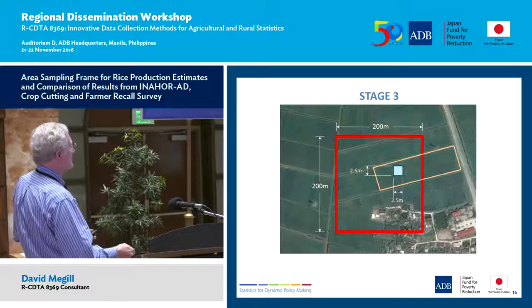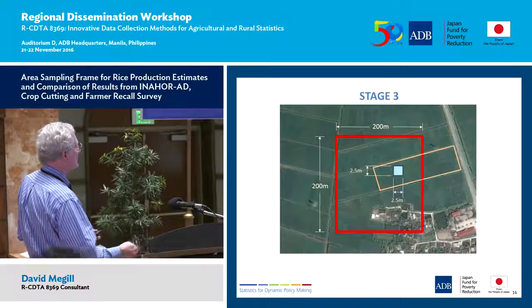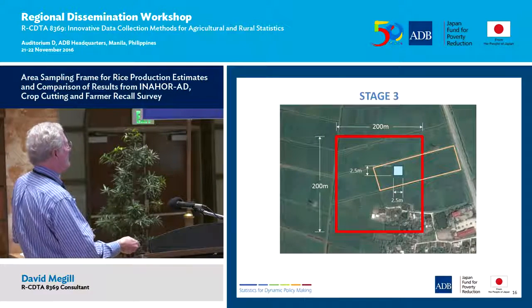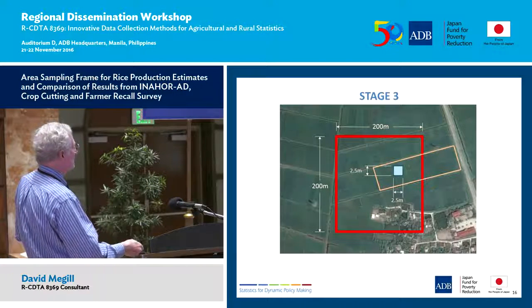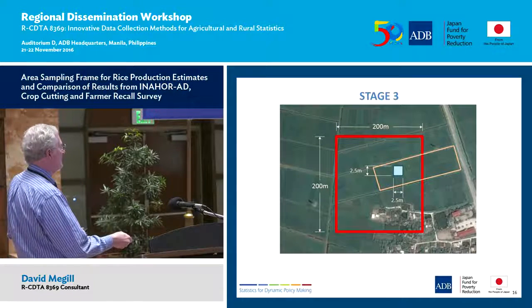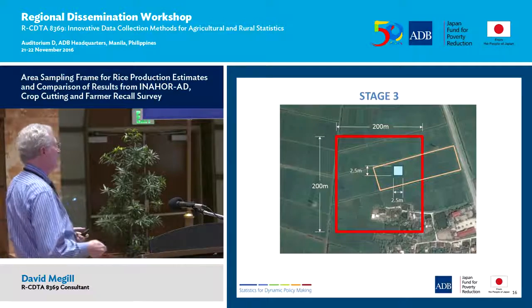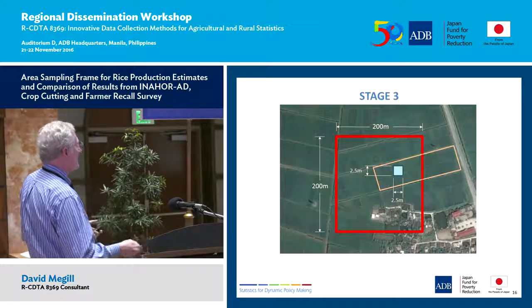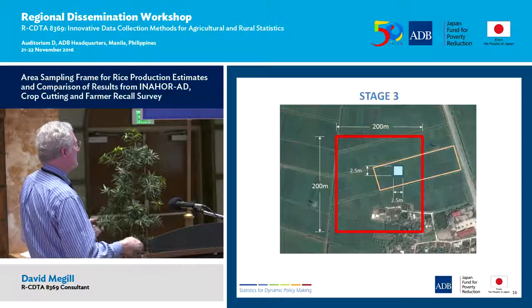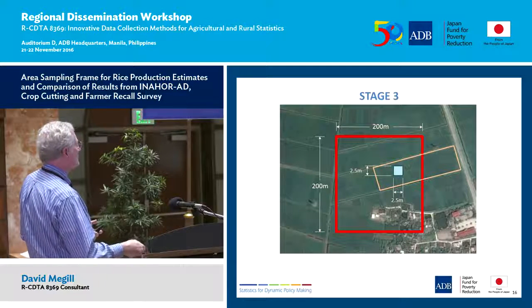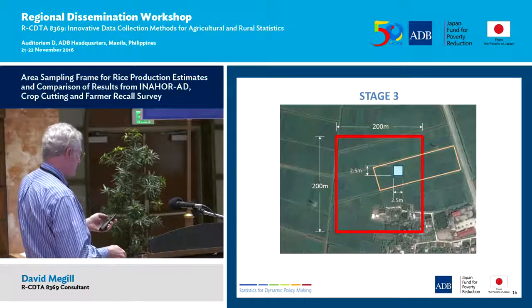They measured the two sides of the mesh, and based on a random number on both sides, they entered a random point, and then based on that corner, they had a 2.5 by 2.5 square meter instrument, a tool, that they used to put over the rice that was harvested. And we'll see an illustration of that.